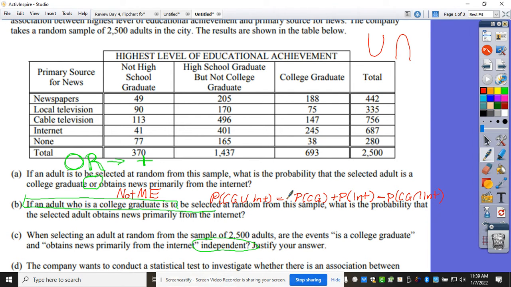What is the probability that they're a college graduate? I don't need to reduce anything. It's 600 over 2,500, because that's the total. What's the probability that they found it from internet? 687 divided by 2,500. And then where do I find the and?